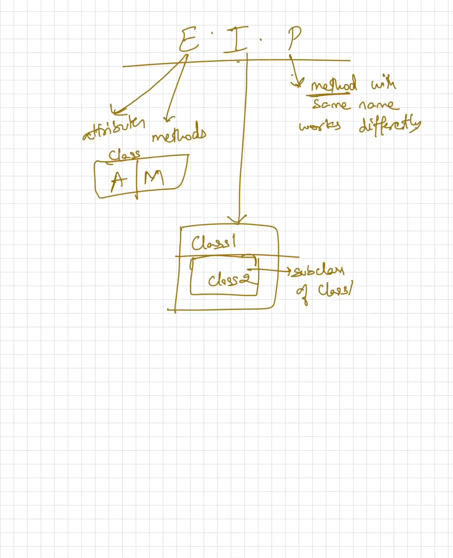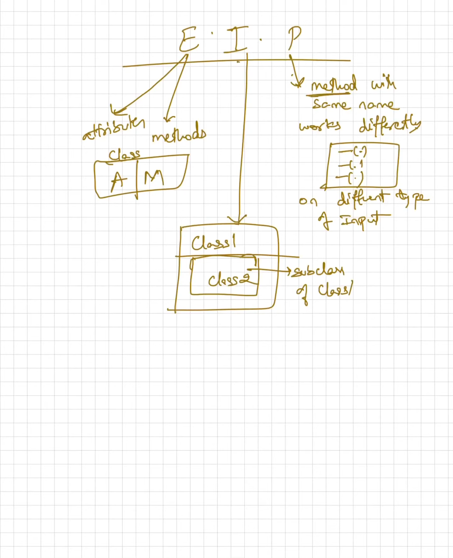So in the program, how it works differently is you define multiple methods with the same name, but their logic is different inside based on the input parameter. A method with the same name works differently on different types of objects, type of input, I would say.